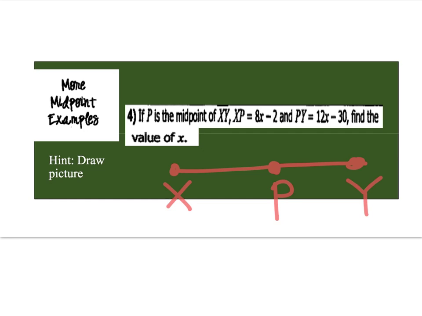What else do we do? We write in the given information. This is 8x minus 2, and PY is 12x minus 30. So what we've done is we've put the given information in the problem. Well, what do we know when P is the midpoint? We know that it separates the segment into 2 equal parts. So we go ahead and put an equal sign over every midpoint. We have an equation, so we can solve it.